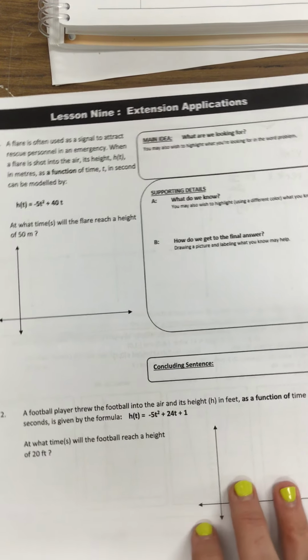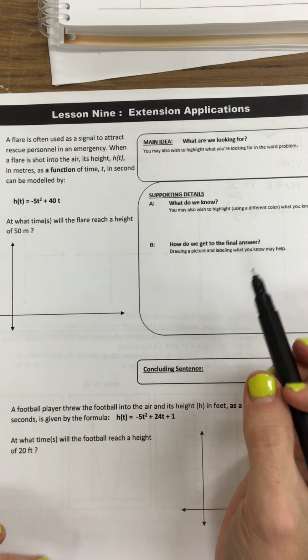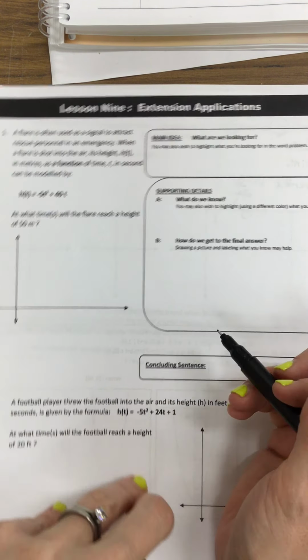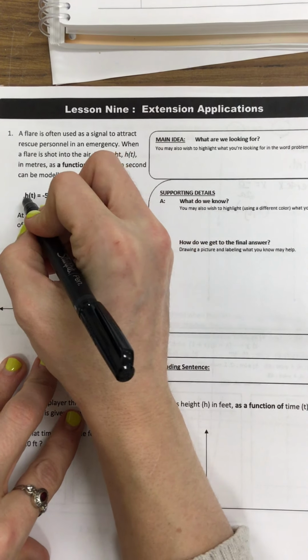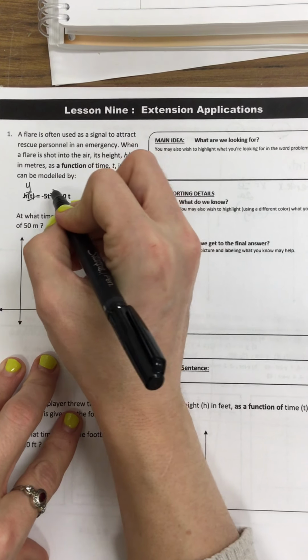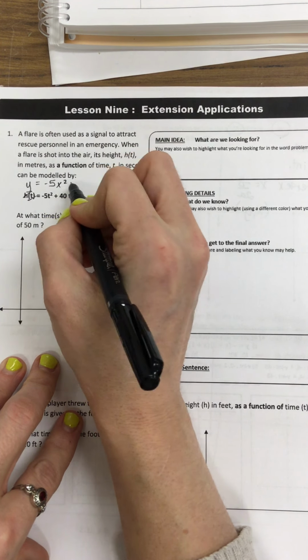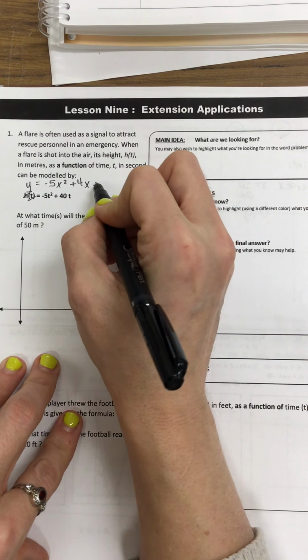And then extension applications, so we're already familiar with these. They might just be a little bit harder because they're asking for more detail. You can replace this with y. You can replace your t's with x's. In this case, the c value is 0.